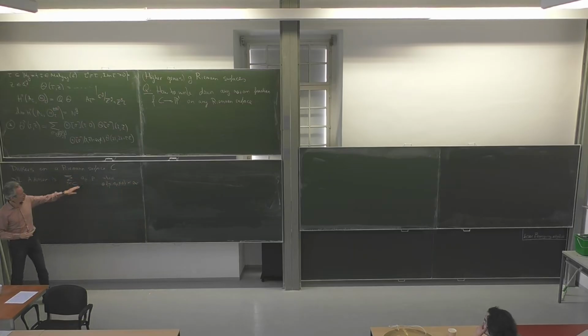Okay? So it's a finite linear combination of points. I'm being sloppy as to what A_P are. For me today, they're integers. Algebraic geometers prefer rational numbers in many situations, but these are numbers.